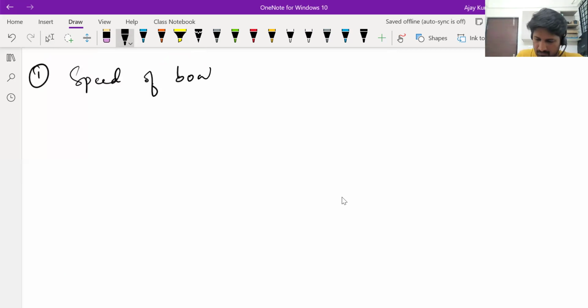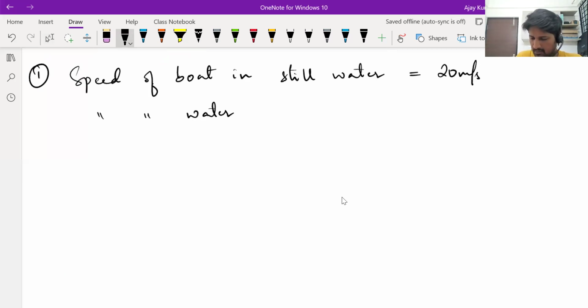Speed of boat in still water is, let's say, 20 meters per second. Speed of water flow is 10 meters per second.